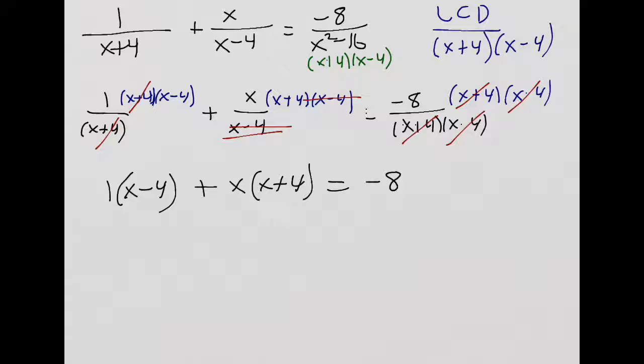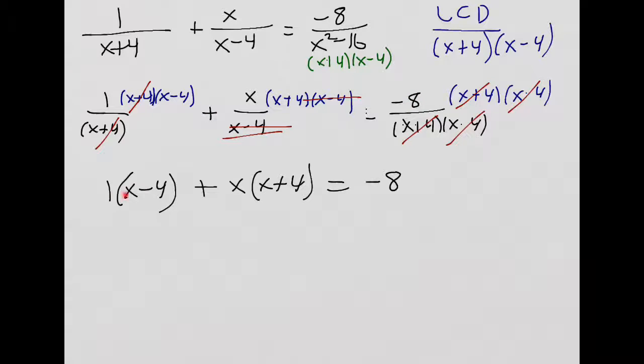Let's take a look at what we've done. We've found the LCD. We've used the LCD to multiply each term, and by doing so, all the denominators have canceled out. Now there are still some terms left over in the numerator, so don't forget about those. Make sure you distribute properly and keep track of all your signs here.